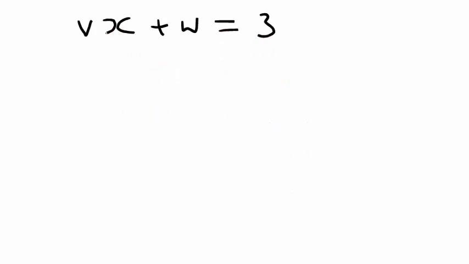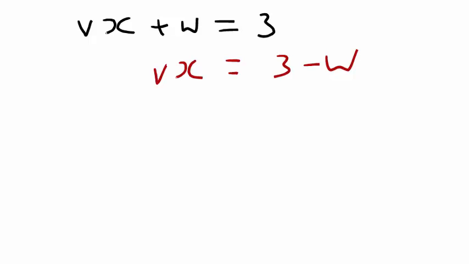So this is question number 5. Again, we're looking for x, so we need to get x on its own. So the first thing to do is take w away from each side, so that leaves us vx this side equals 3 minus w.